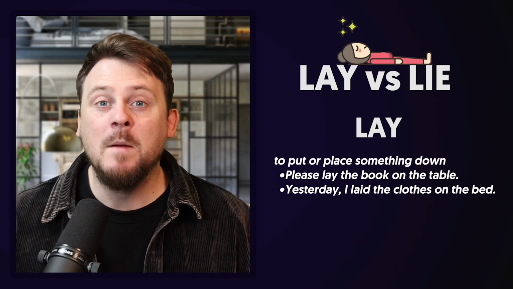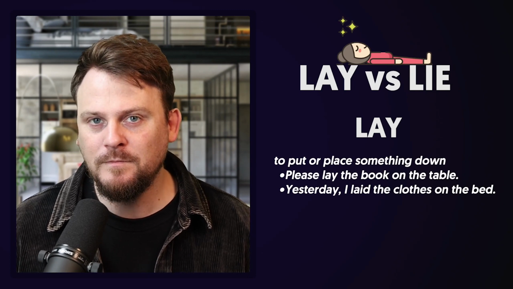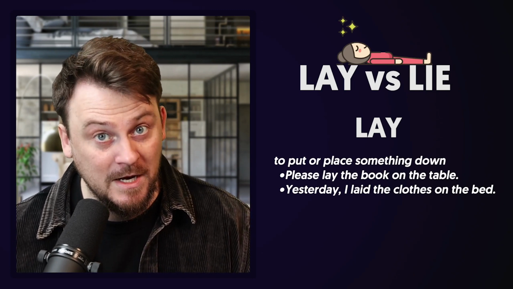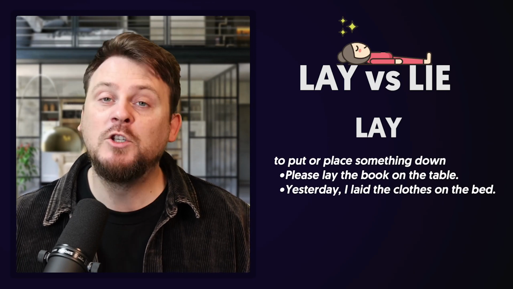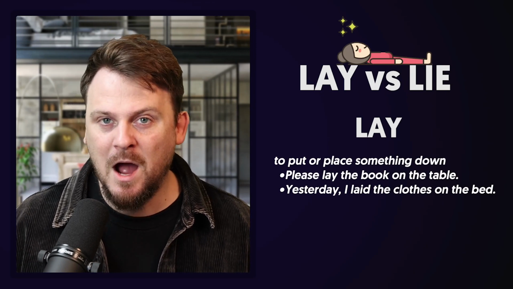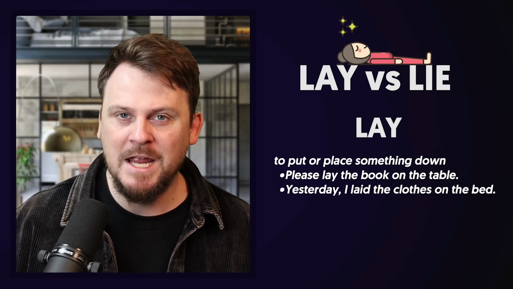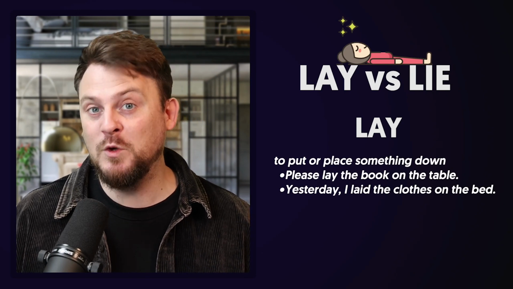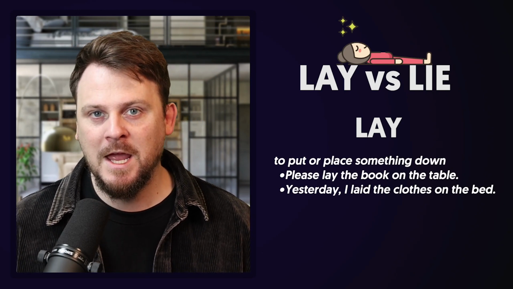For example, please lay the book on the table. It would be incorrect to say, please lie the book on the table, because lie has a different meaning and is used slightly differently. So the book is the direct object. Lay is the verb that the subject is doing, also known as the predicate.